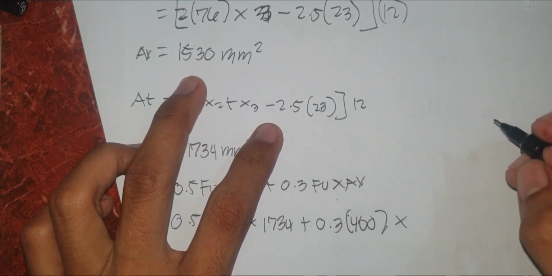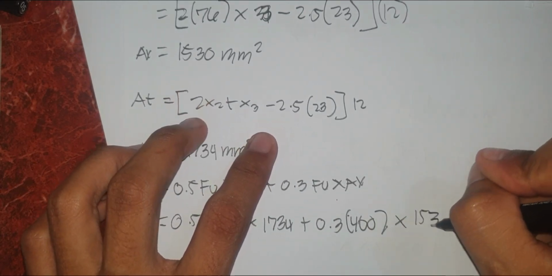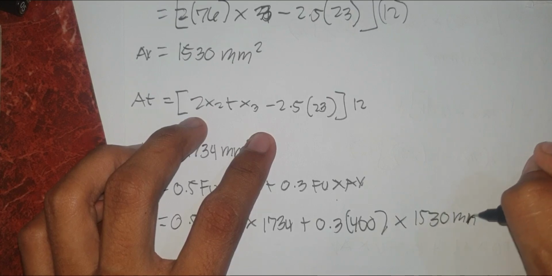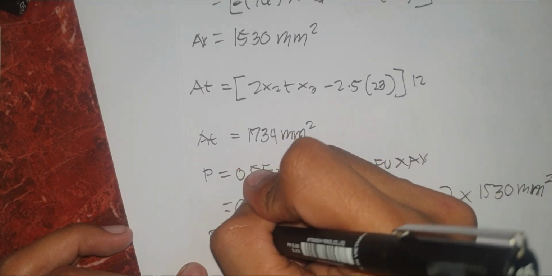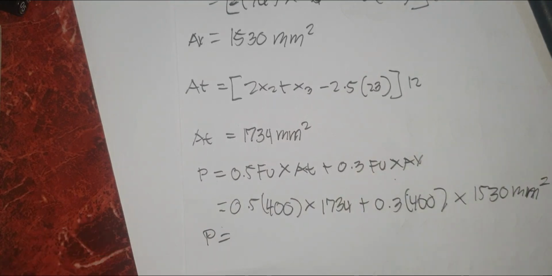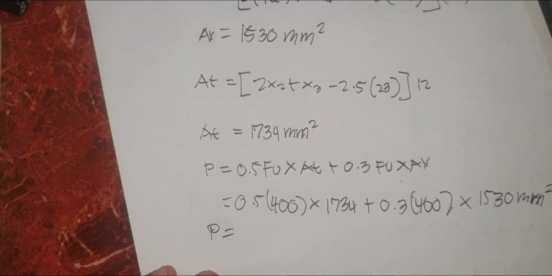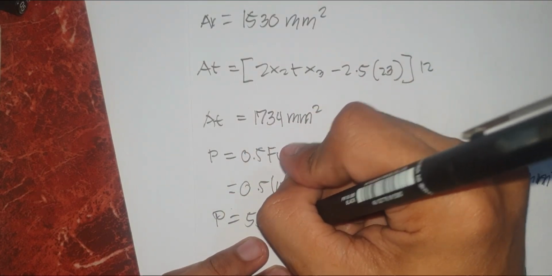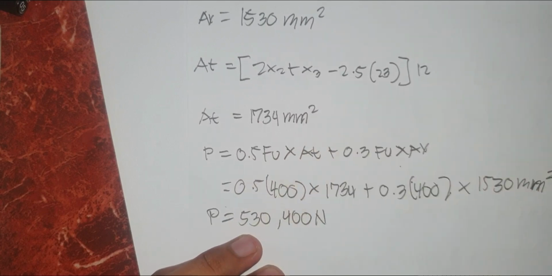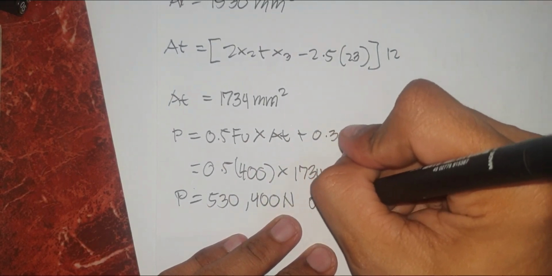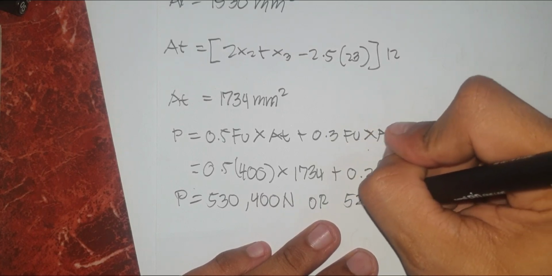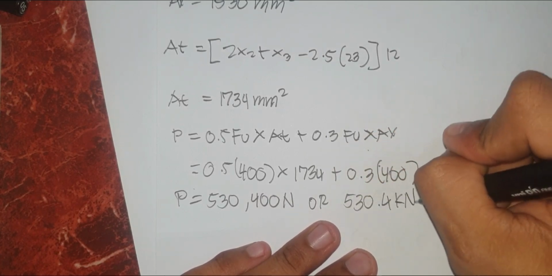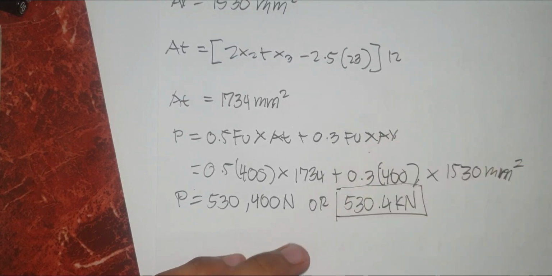EV is 1530 mm squared. So P equals 530,400 Newton, or 530.4 kilonewton. So this is our final answer to part 2.